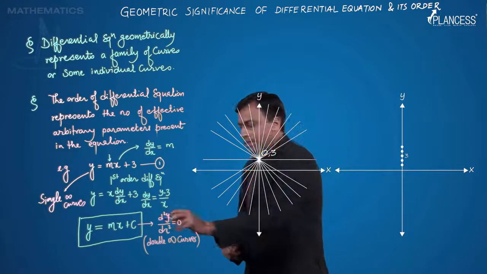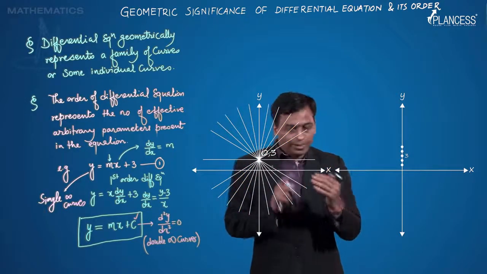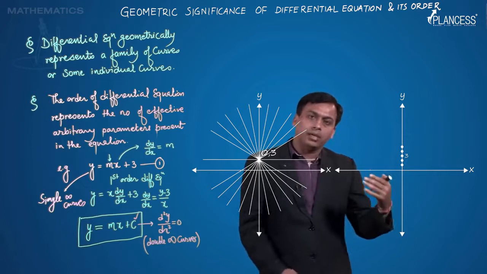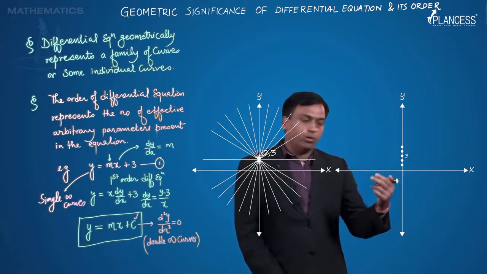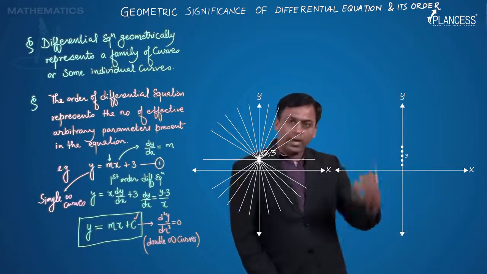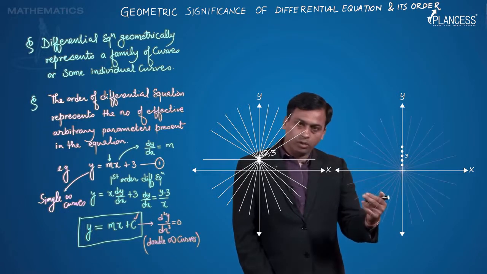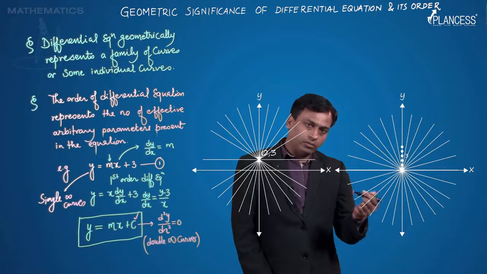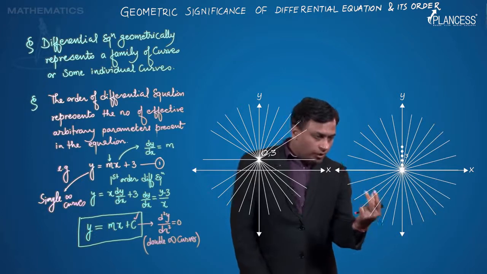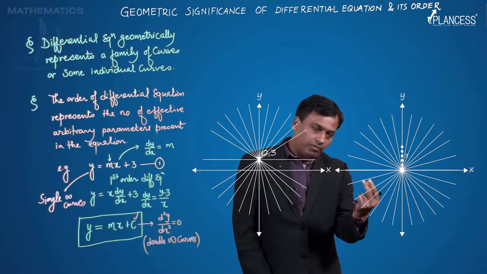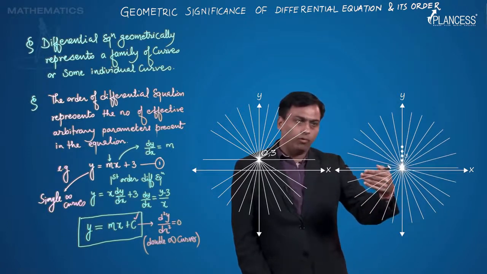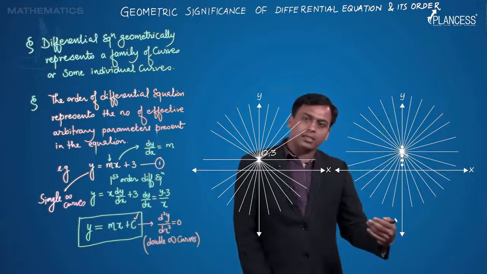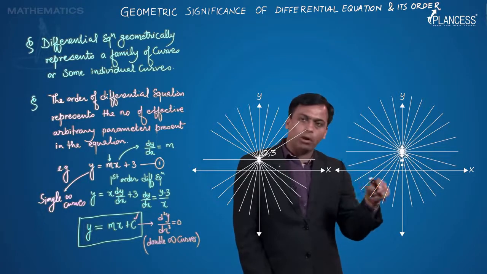In the second equation, as c itself is a parameter, instead of choosing the value of c as 3, we are now free to provide the values of the parameter c as we wish, and therefore for c equal to 0, you will get all these lines of all possible slopes drawn at the origin, and then shifting the same pattern along the y-axis for various values of c, you can see at 0, 1, 0, 2, 0, 3, 0, 4, from every point on the y-axis you will get infinitely many lines.